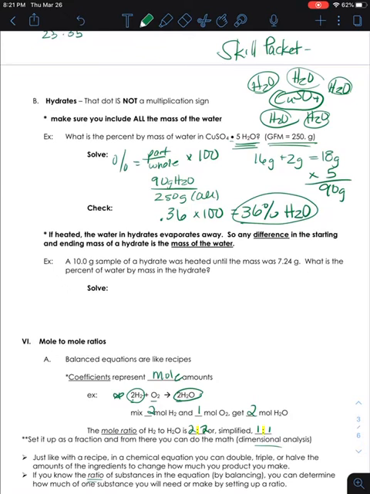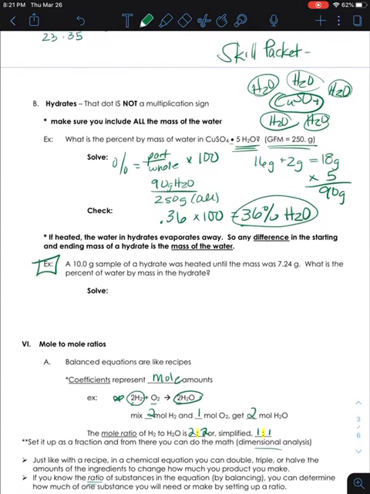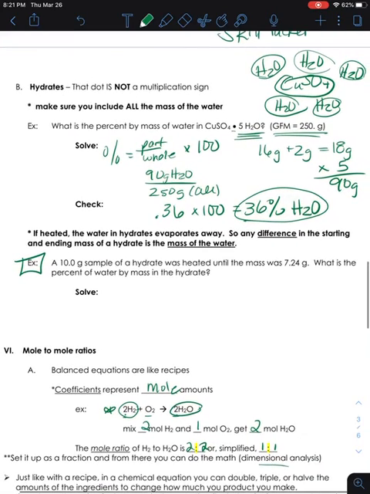A 10-gram sample of hydrate was heated until the mass was 7.24 grams. What is the percent of water by mass in the hydrate? So we can begin with writing our equation: percentage equals part divided by whole times 100.